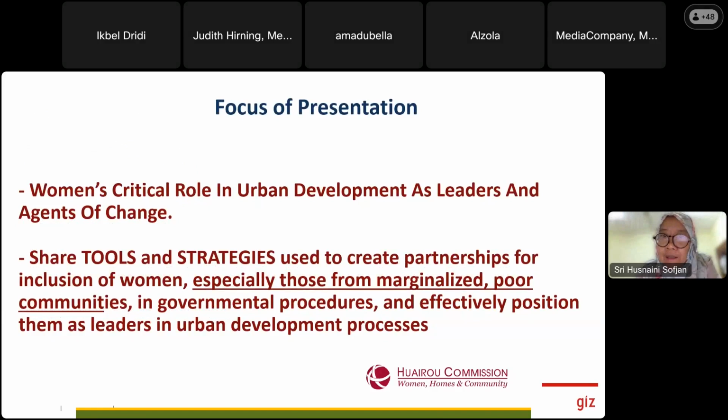I'm going to also take the time to share the strategies and process for partnership to create a space and a structure that include women, especially those from marginalized poor communities, in governmental procedures, and effectively position them as leaders in ensuring that we have sustainable urban development.